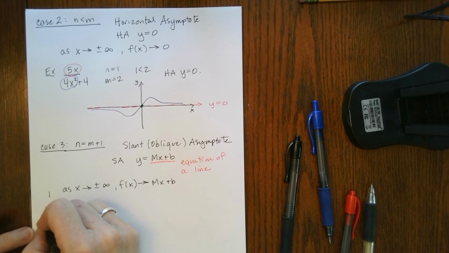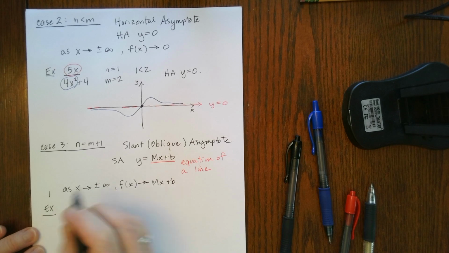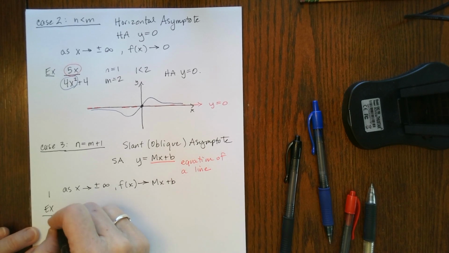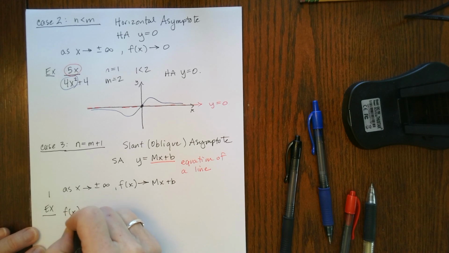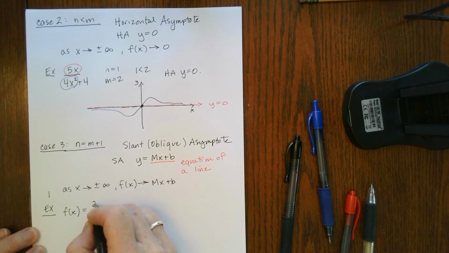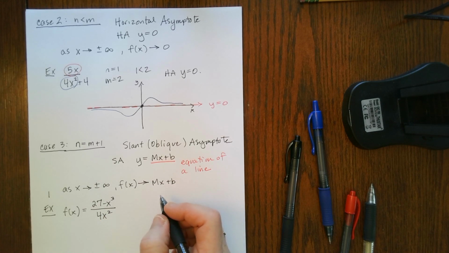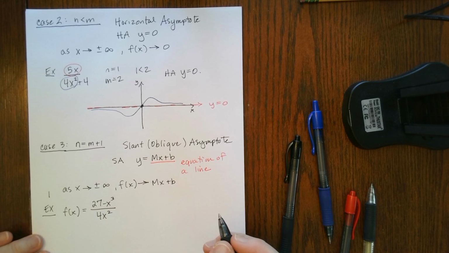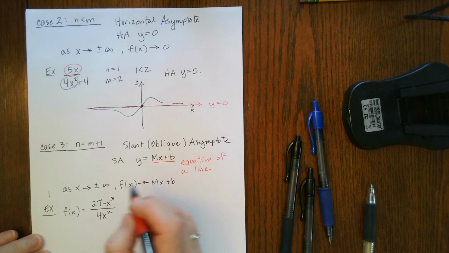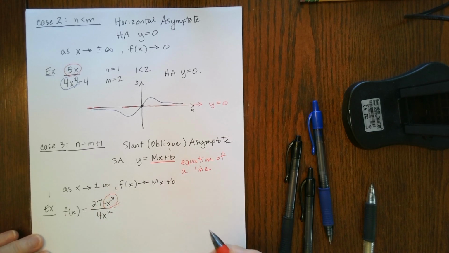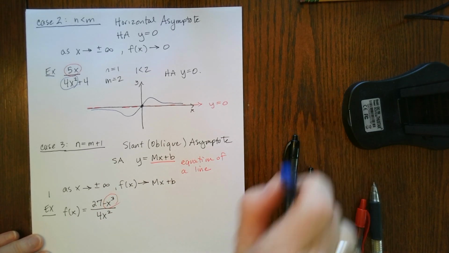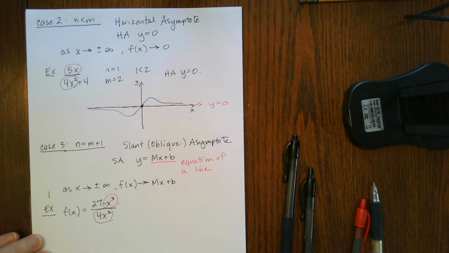Okay, now let's look at an example. Suppose we have f of x equals 27 minus x cubed divided by 4x squared. So in this case, again, the leading term in the top is going to be minus x cubed, and the leading term in the bottom is 4x squared.